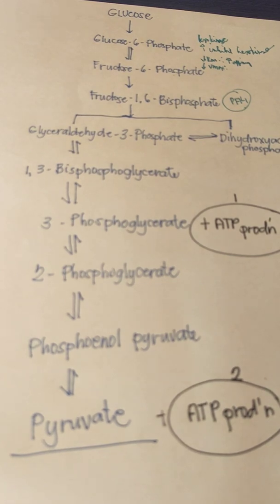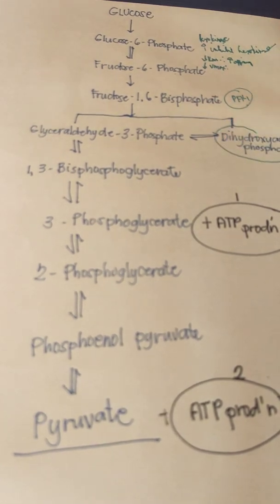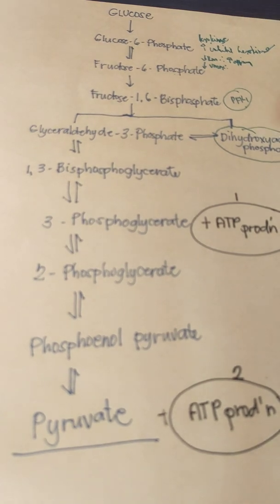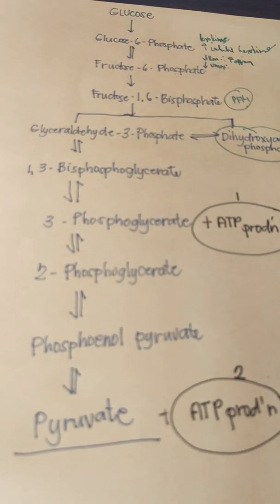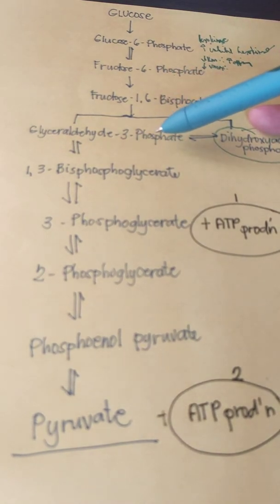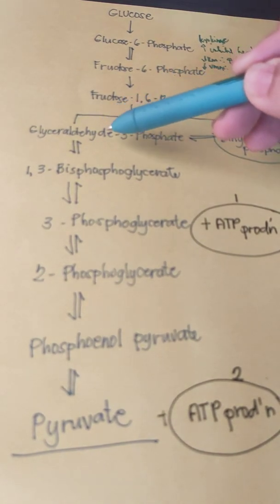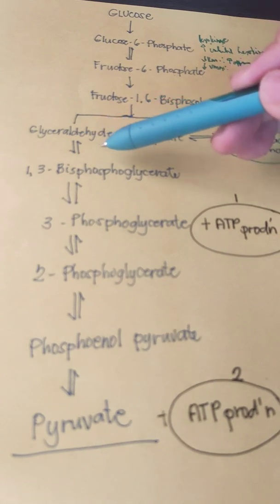Take note that dihydroxyacetone phosphate is utilized in triacylglycerol synthesis. As for glyceraldehyde 3-phosphate, this is where your glycolysis will continue.